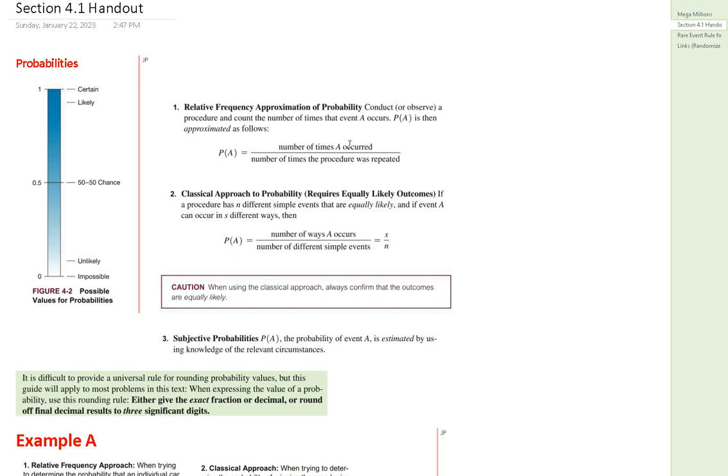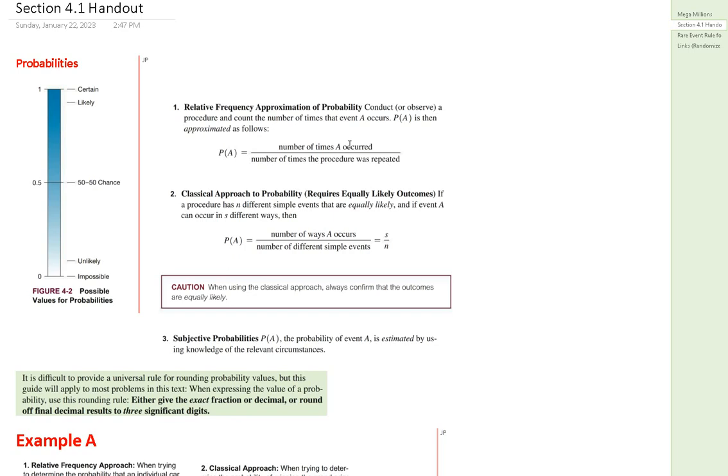Another approach to finding probabilities is the classical approach. This requires that you can list all the possible outcomes of an experiment, and then you want to figure out how many ways an event can occur. So we'll look at that when we talk about, say, flipping a coin or the number of boys amongst 3 babies born at a hospital.